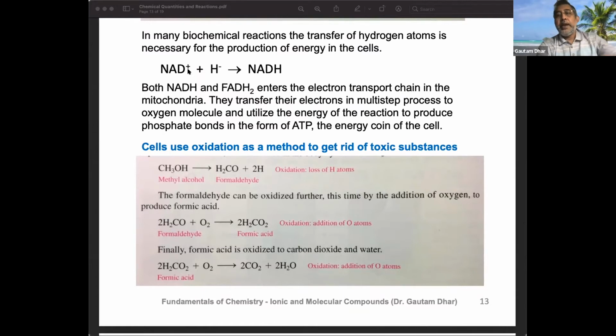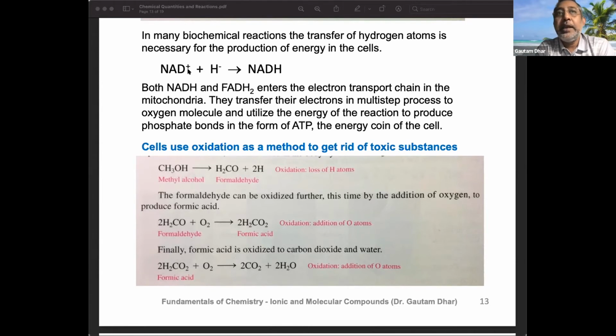Eventually that pyruvate enters the TCA cycle, the tricarboxylic acid cycle, also called the Krebs cycle. Then this 3-carbon molecule breaks down to carbon dioxide. As it is breaking down, it produces NADH, which is an electron-rich, high energy molecule.